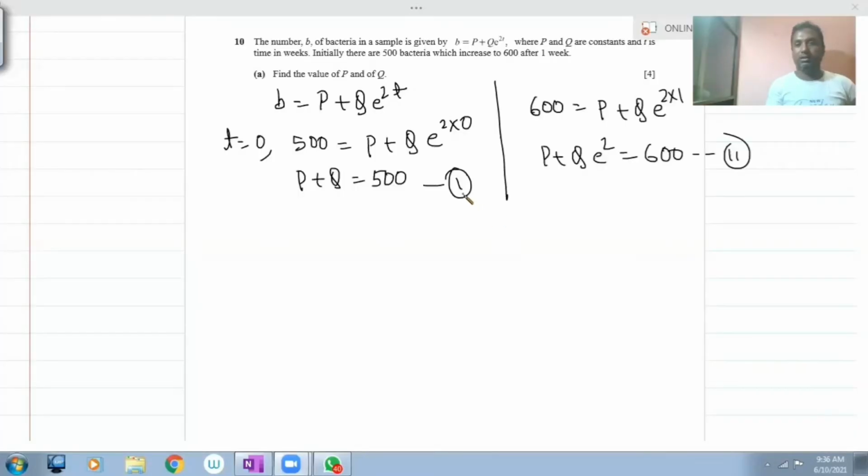So we found the two equations. Now let us solve these two equations simultaneously.